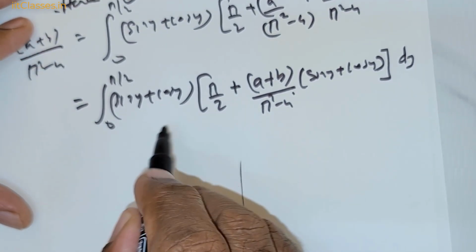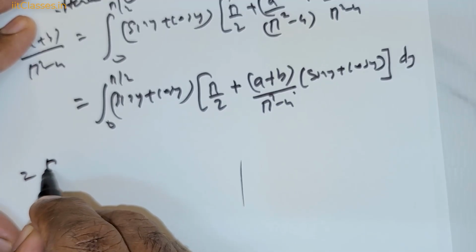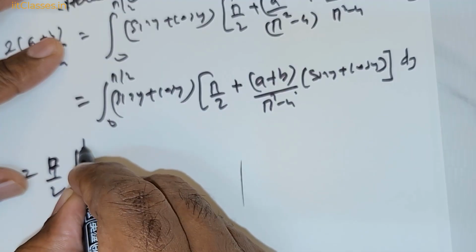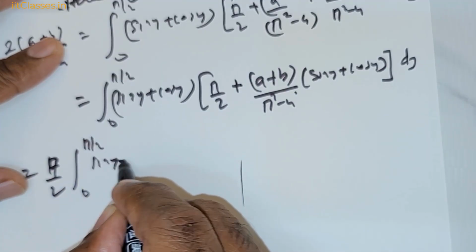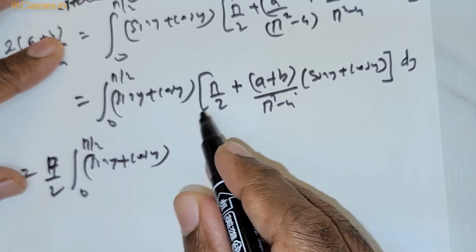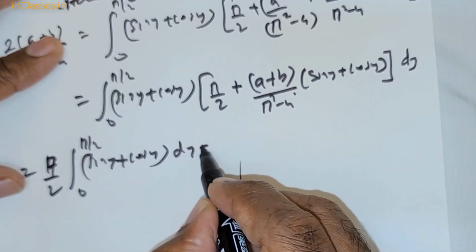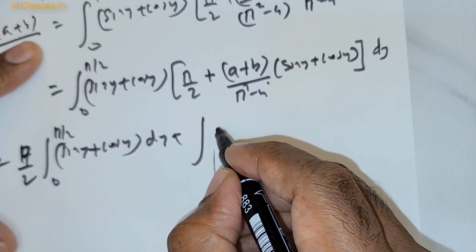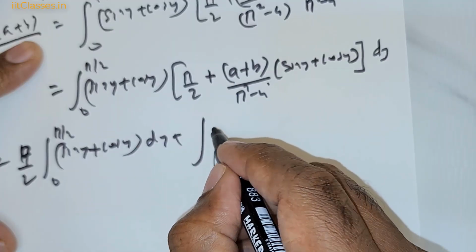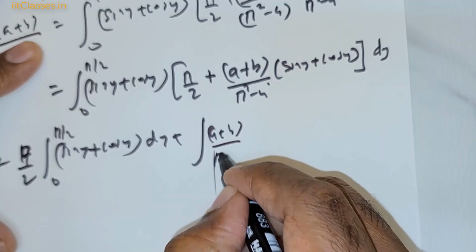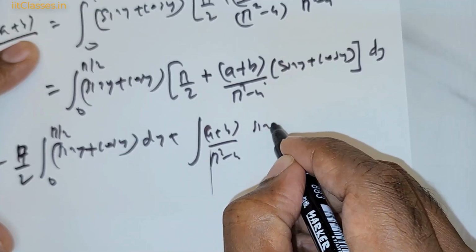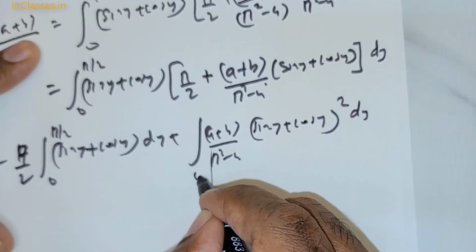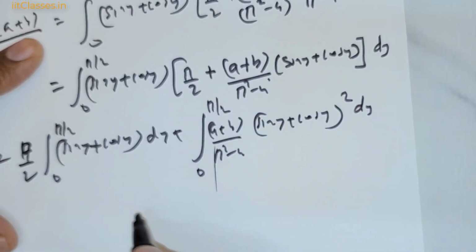Now I'm going to distribute this integral. So this is equal to pi over 2 times integral 0 to pi over 2 sine y plus cos y times dy plus integral 0 to pi over 2 of a plus b divided by pi squared minus 4 times sine y plus cos y the whole squared times dy.